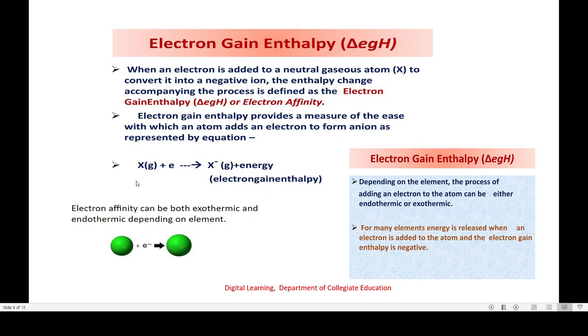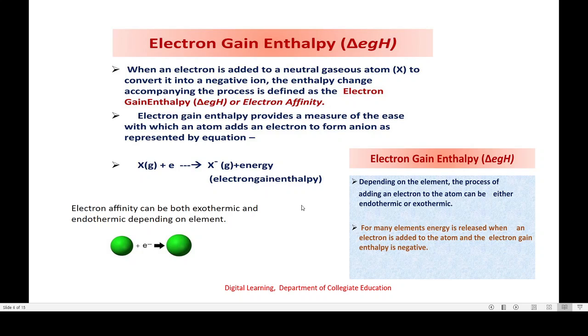In general, energy is released when an electron is added to an atom, and the electron gain enthalpy for such elements is negative. The electron gain enthalpy of halogens is very highly negative because they need only one electron to achieve the nearest noble gas configuration.